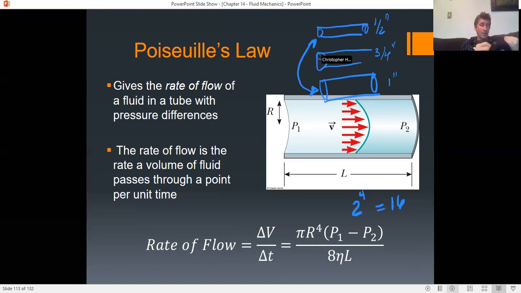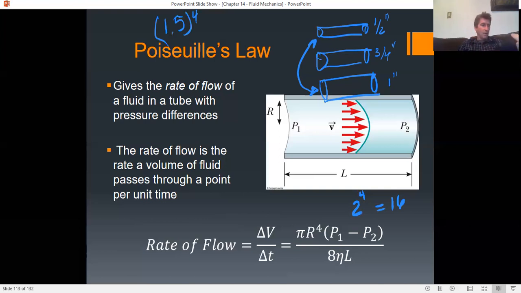Even through a 3/4 inch pipe, just upgrading to 3/4 of an inch, you're taking 1.5 times more and raising that to the fourth power. Let's see if I can show the calculator. Oh, it's not going to share the calculator. Oh, that's unfortunate. But if I take 1.5 and raise it to the fourth power, just increasing the diameter by 50% increases the flow rate by 5 times.